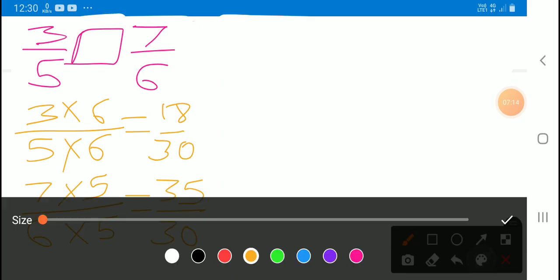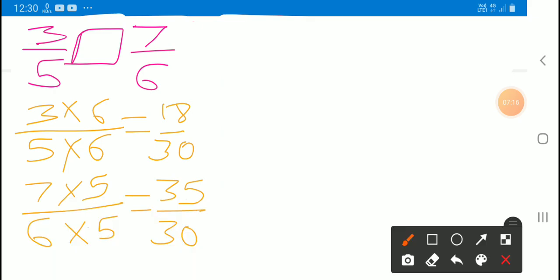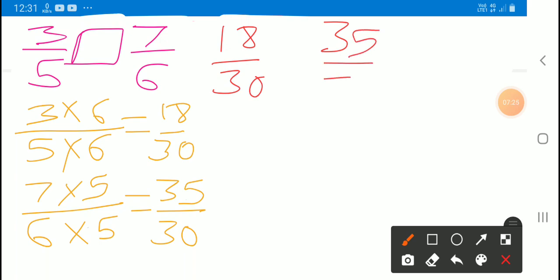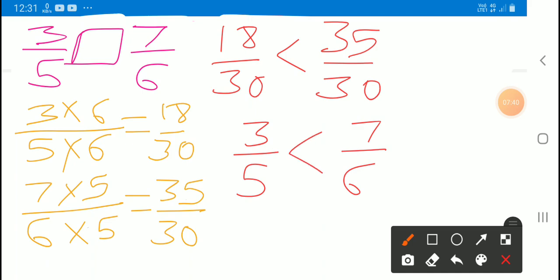Now look, I converted the fraction 3 upon 5 into 18 upon 30 and 7 upon 6 into 35 upon 30. Now tell me which number is greater here? 35. Here the denominator is equal. So we have to compare the numerators. So which fraction is greater here? 3 upon 5 or 7 upon 6? 7 upon 6 is greater than 3 upon 5.